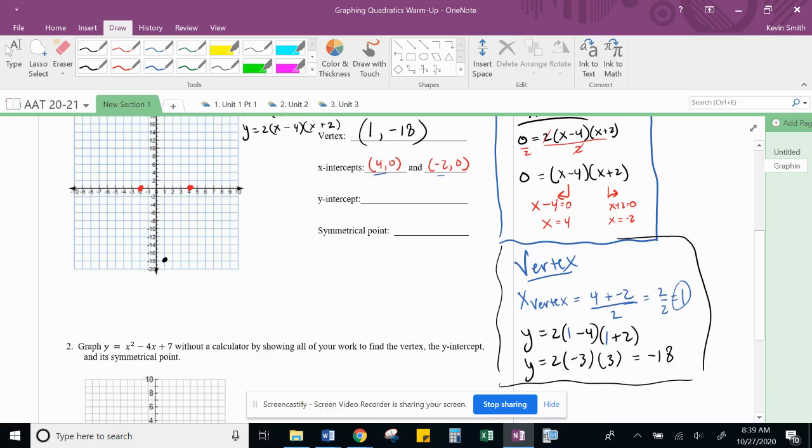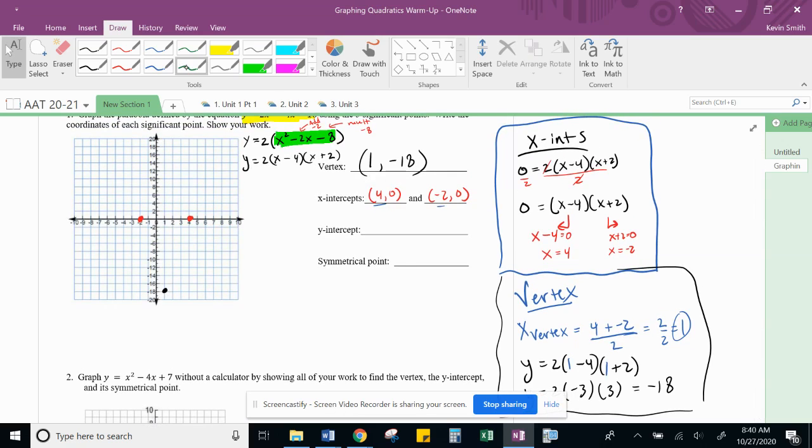Now I'm going to go ahead and find the y-intercept. So the y-intercept is when it crosses this y-axis, right? And that'll always occur at x equals 0. That's the equation of this line right here. So what I can do is just plug in 0 for x, and I can solve for y.